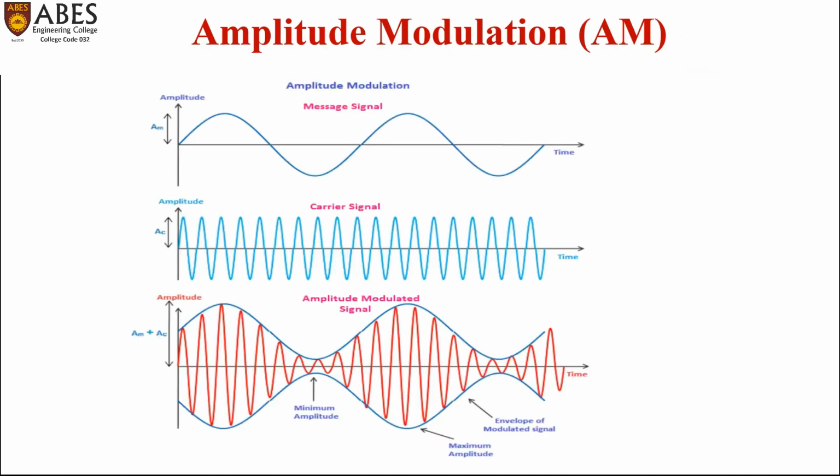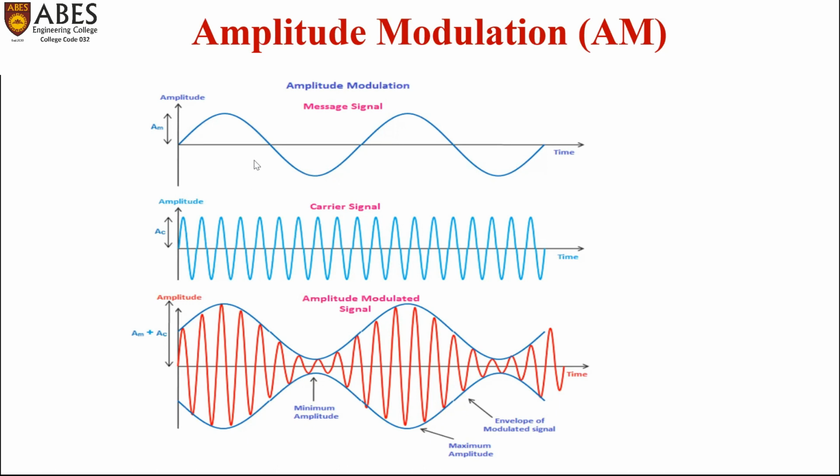Now moving ahead, we can see amplitude modulation here also through the diagram. In the first diagram, we have considered a message signal, a sinusoidal signal. We can see that it is a low frequency signal. Now, if we want to transmit this message signal through a larger distance, then we need to consider a carrier signal containing high frequency. As we can see here, the carrier signal contains high frequency.